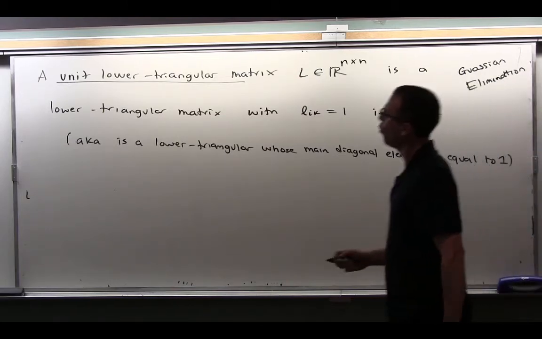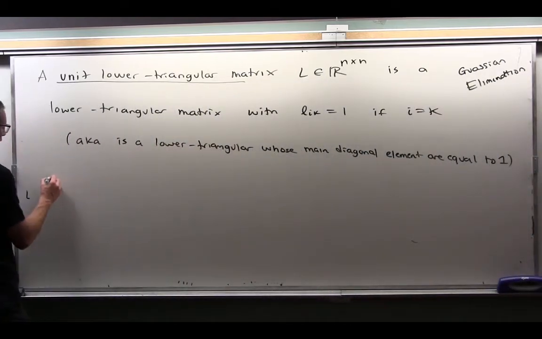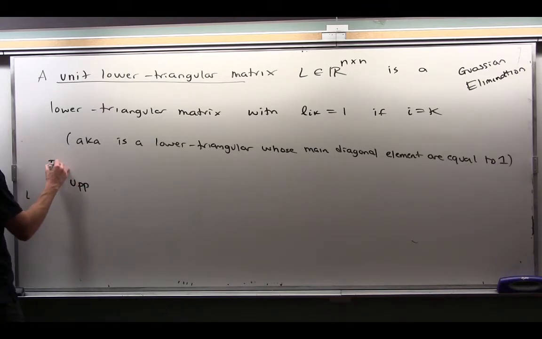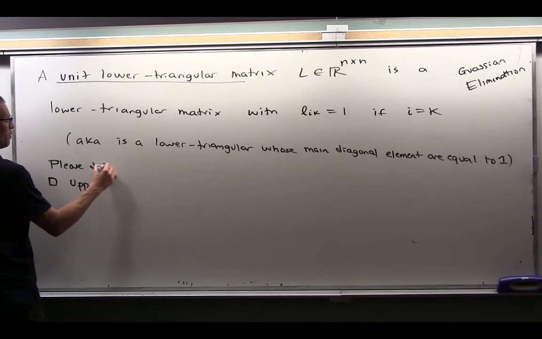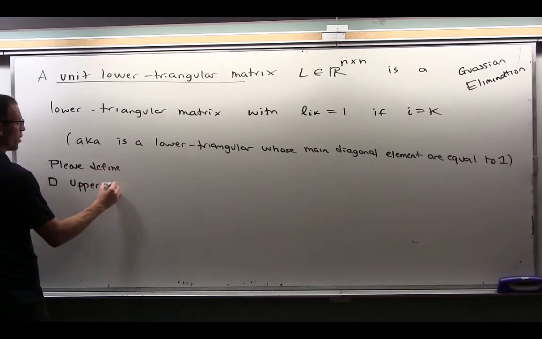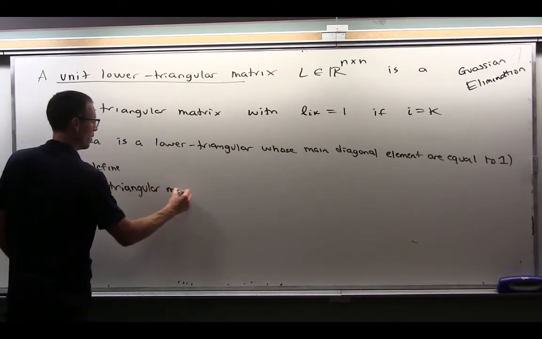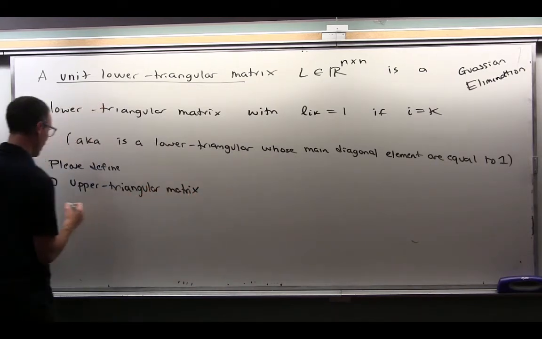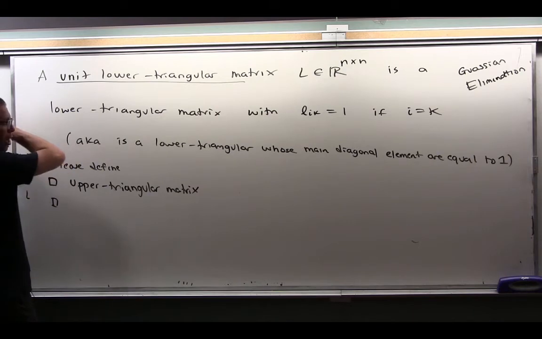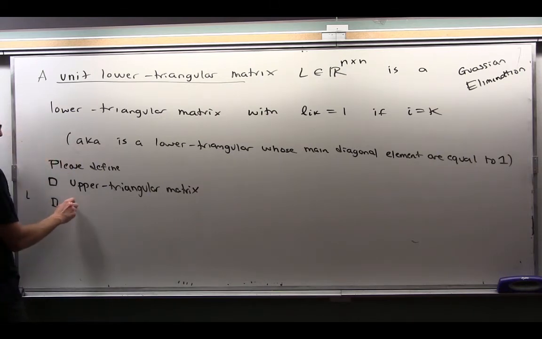Could you guess what's missing here? What are the two definitions that we haven't done yet? Yeah, so please define for yourself what an upper triangular matrix is, and what else? Everything the opposite of lower triangular. Yeah, I actually don't care so much about unit upper triangular. That's kind of a special case.